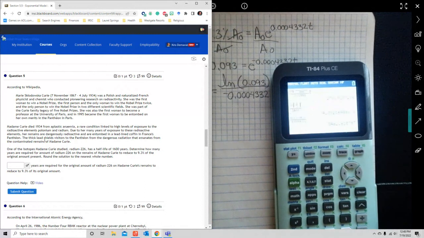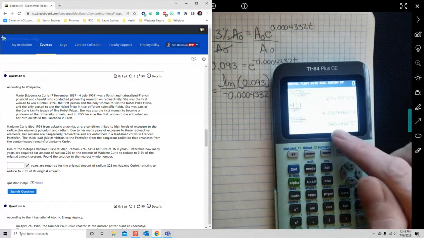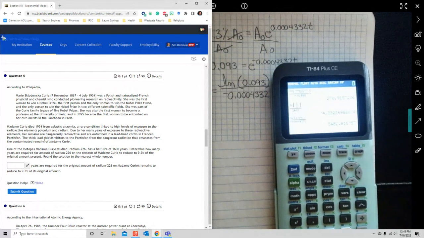That gives us 5,482, and it says round to the nearest whole, so it's going to be 5,483 years. That is how long it's going to take for Madame Curie's remains to be at this percentage. And there's our answer, 5,483, exactly what I said.